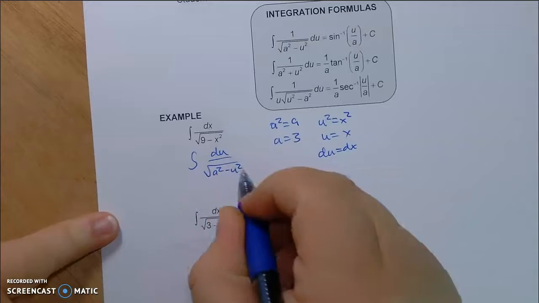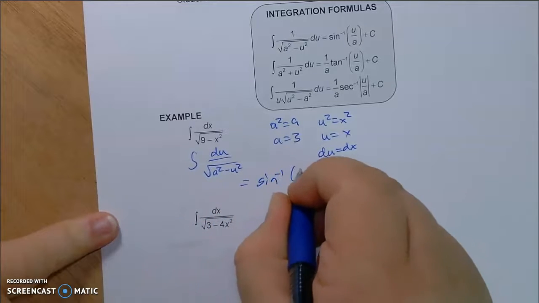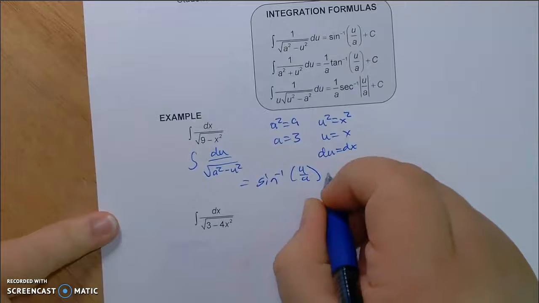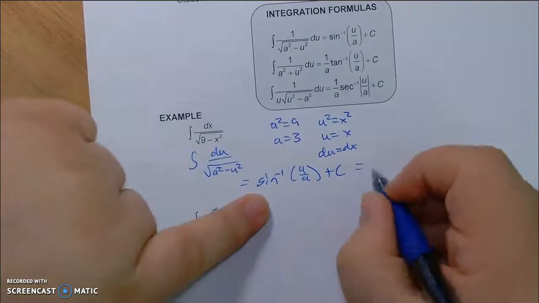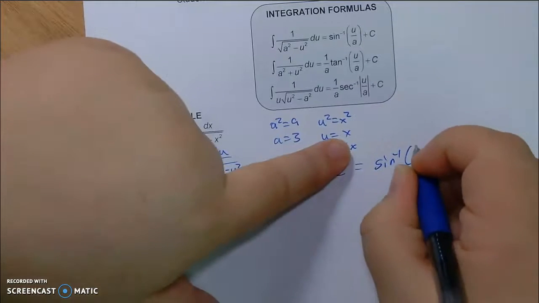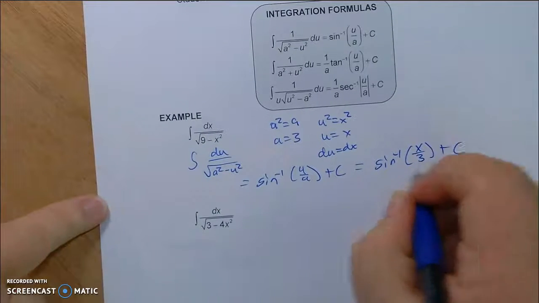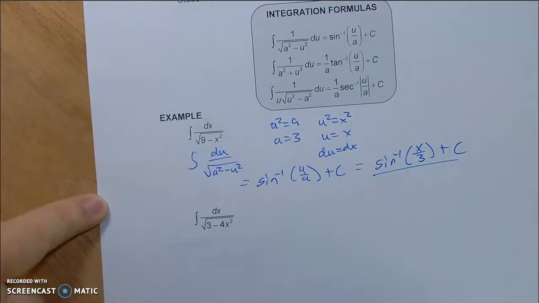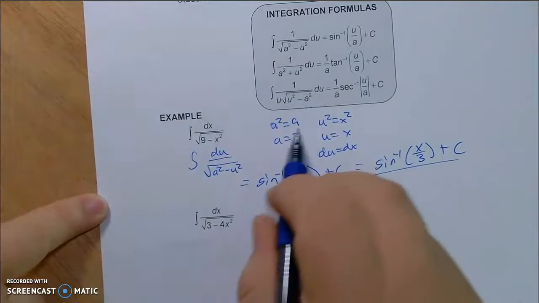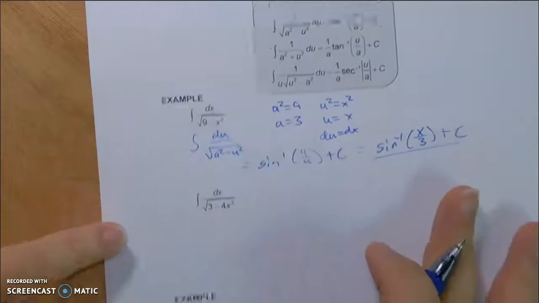This is definitely the inverse sine, so this is inverse sine of u over a plus c. Make my substitutions. Inverse sine of x over 3 plus c, and we're done. Now that seems really, really simple on this really, really simple problem, but it's the same thing I'm going to do for all of the problems.